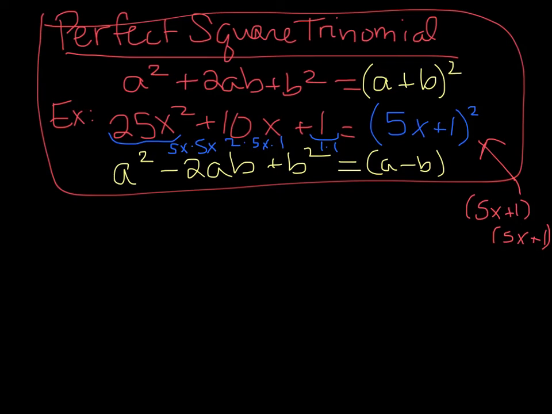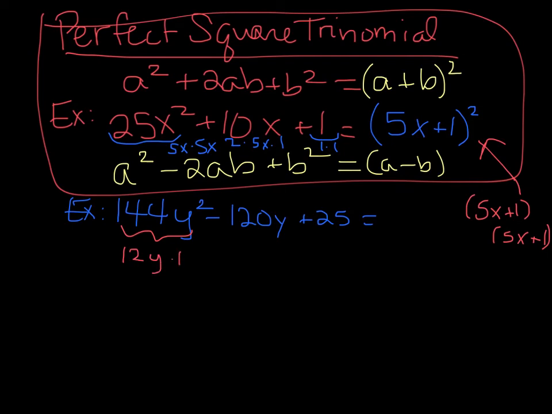The second one is similar. I'll give you another example below it. Let's say we have 144y squared minus 120y plus 25. For this one, 144y squared is the same thing as 12y times 12y. 25 is the same thing as 5 times 5.